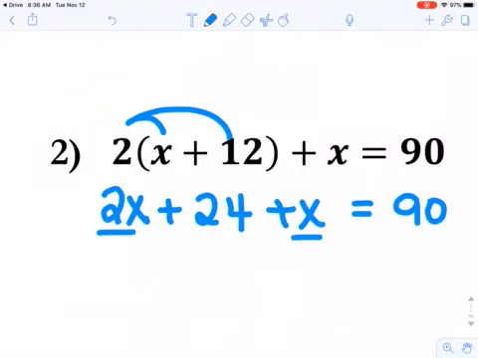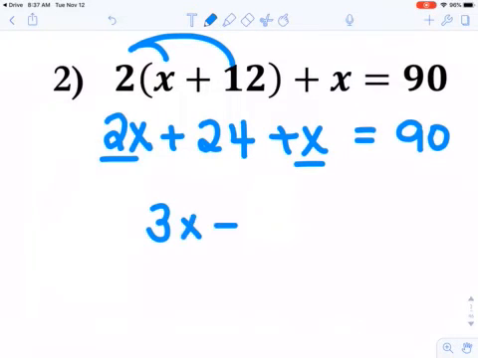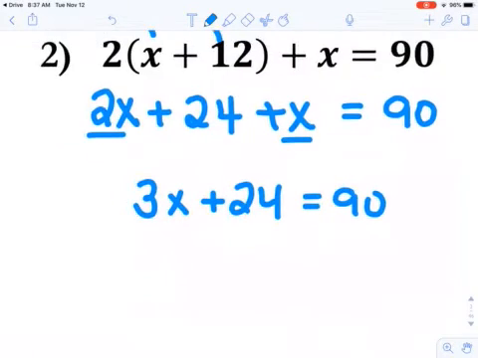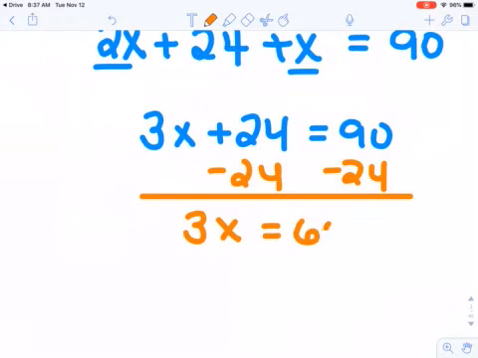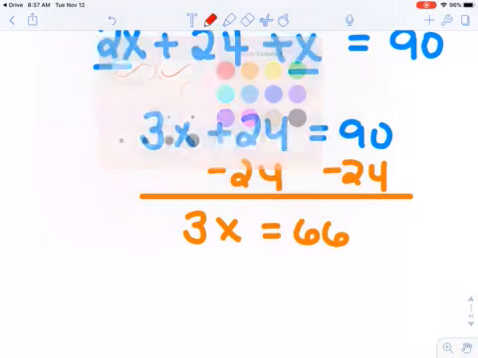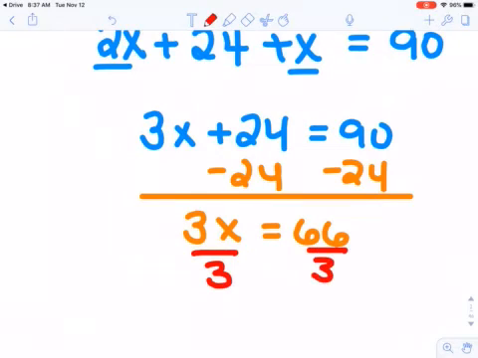So 2x and x is 3x plus 24 equals 90. Then we subtract over the 24. So we get 3x equals 66. And then we divide both sides by 3. So x is 22.